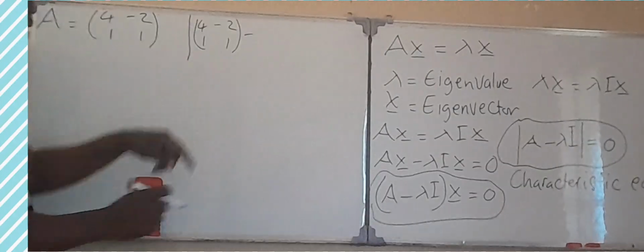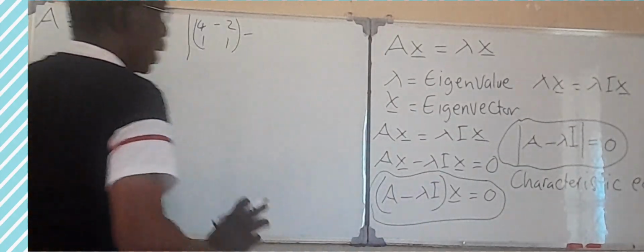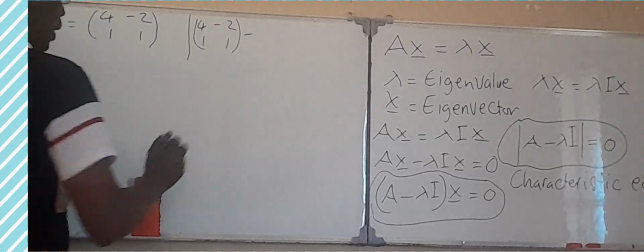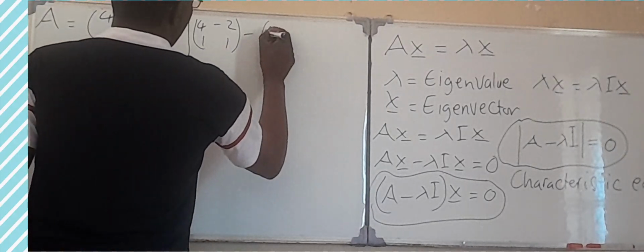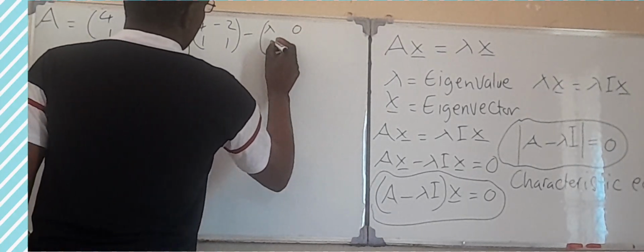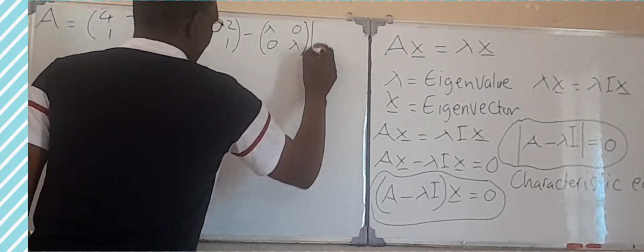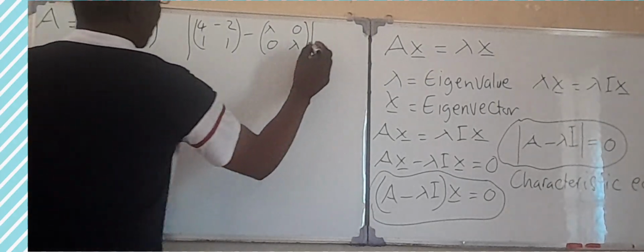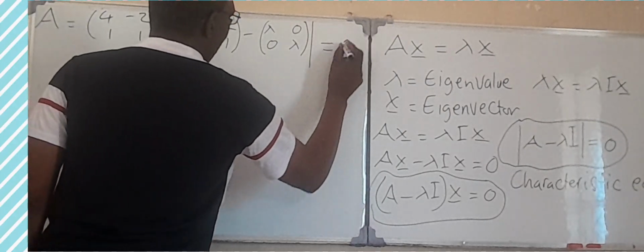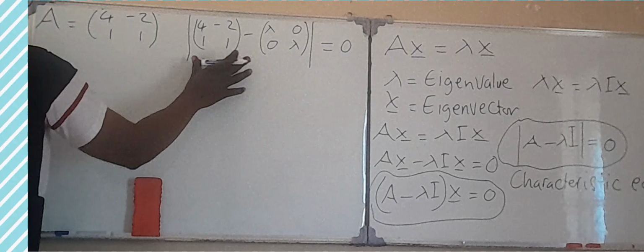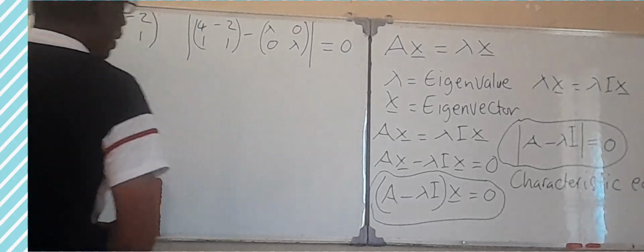Of course, this identity is a 2 by 2 identity. So we multiply that by lambda. It becomes lambda, 0, 0, lambda. This is a determinant, and it should be equal to 0 for this to have non-trivial solution.